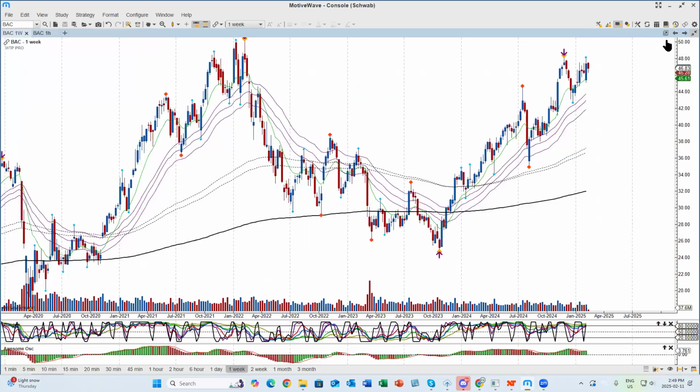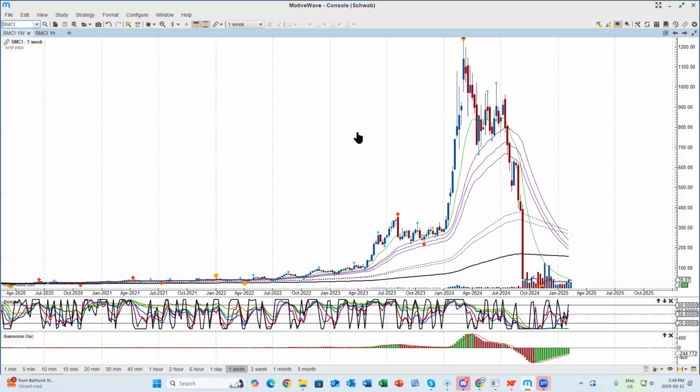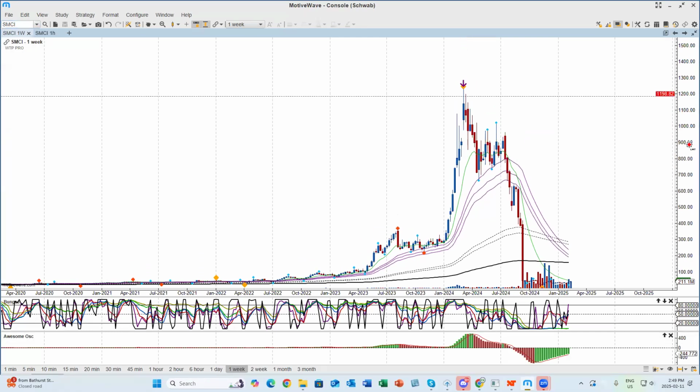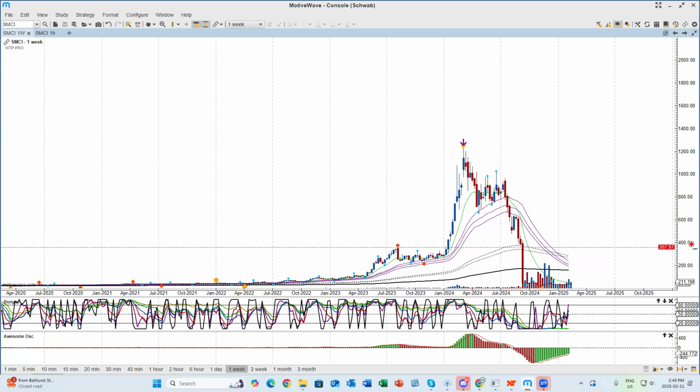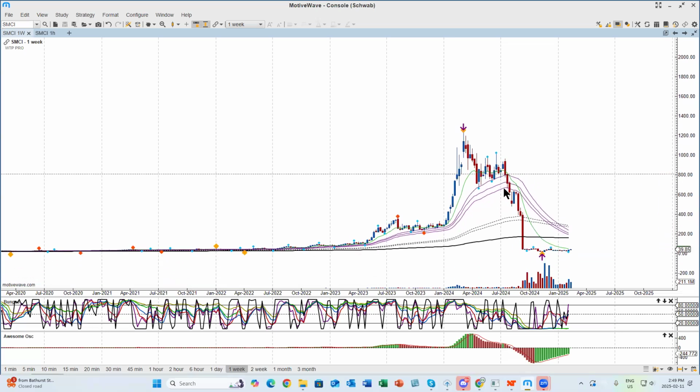I'm just going to make that bigger, and let's go to one of the after the close. SMCI is coming out after the close, so let's just take a look at that. With stocks, oh, this isn't good. Wait a second. Sometimes the data is not so great here.